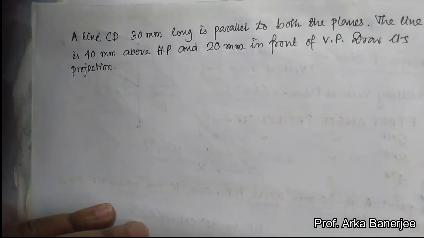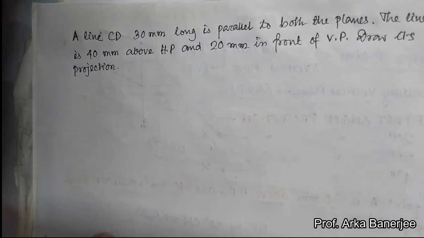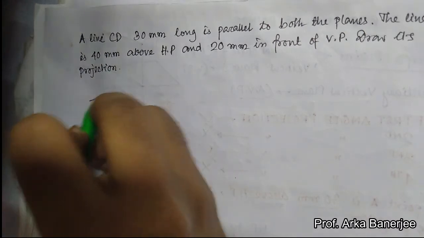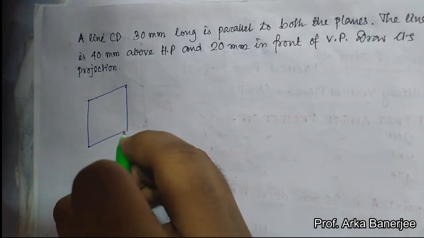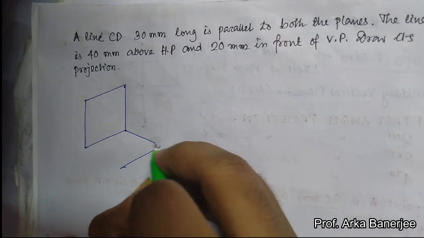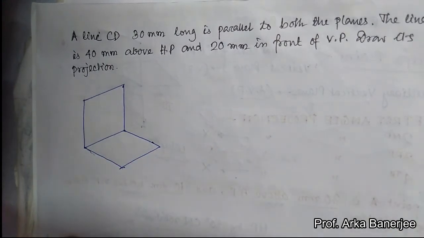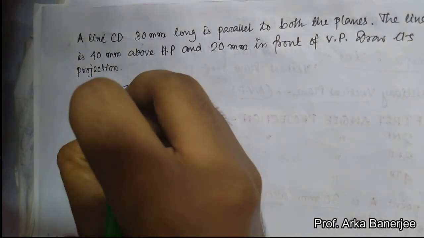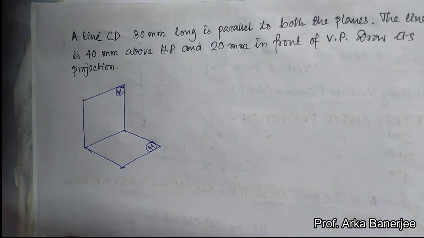So for building up our concept, at the very beginning we will again draw the three-dimensional view. First let us draw the vertical plane, then the horizontal plane. Write V for vertical plane, H for horizontal plane.